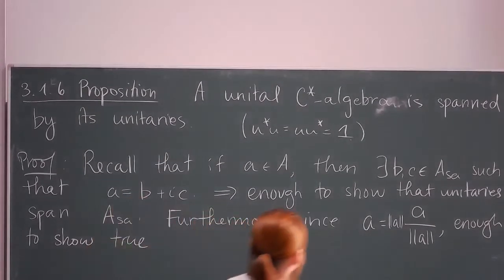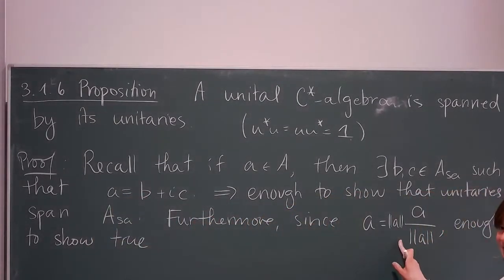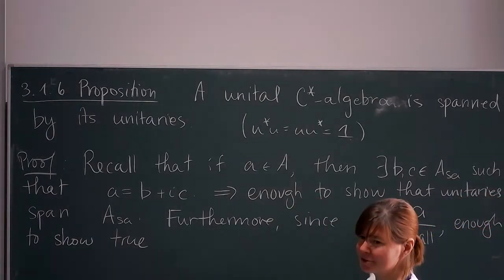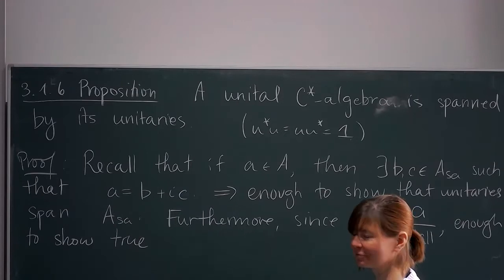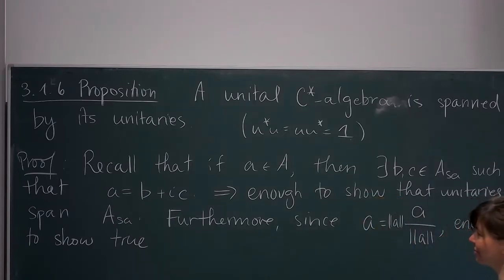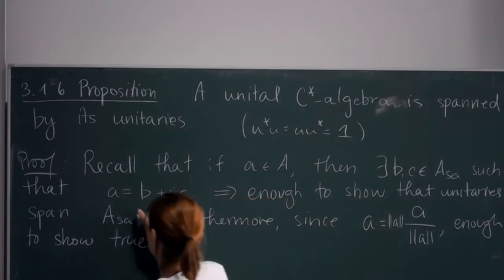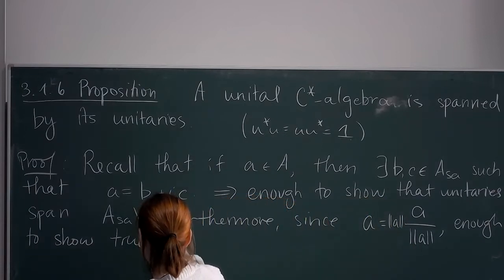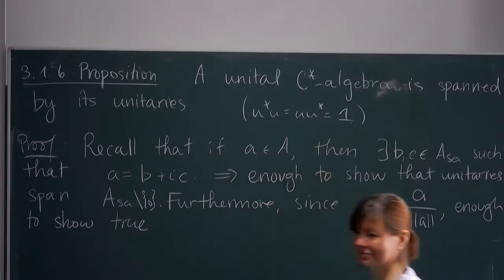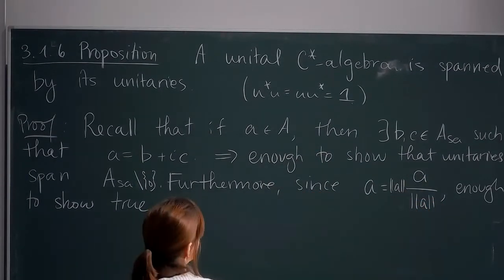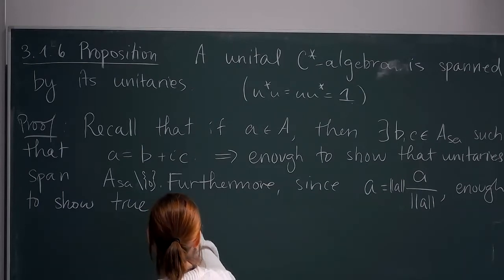It's clear that 0 is in the span of the unitaries, so we might as well assume A is non-zero. So it's enough to show it's true for elements with norm at most 1.